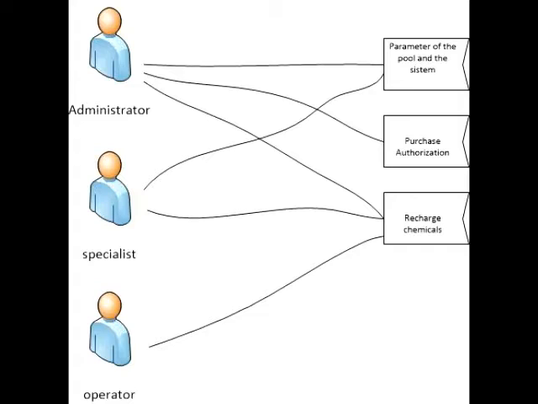So maybe the owner of the pool has another person that maintains the pool, for example filtering, recharging the chemical, or painting, or other work that the system can do. The administrator can do everything.